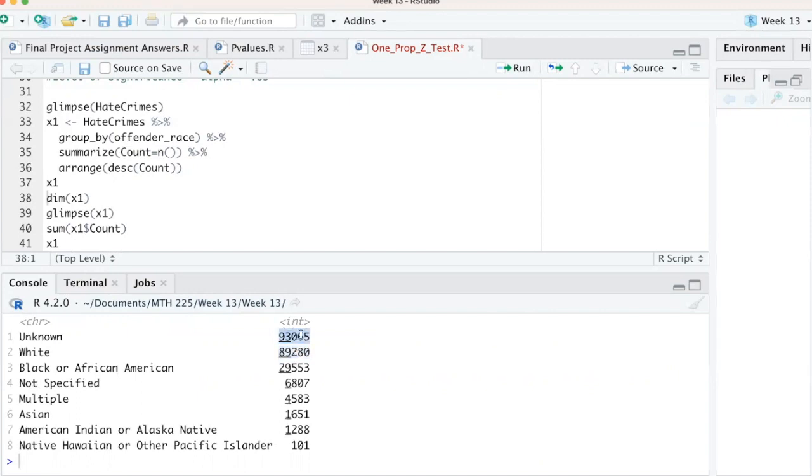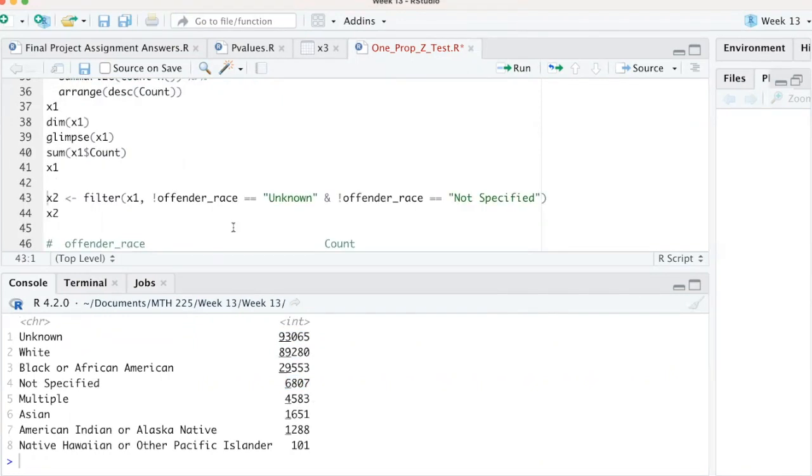And since we don't know those folks, some are white, some are non-white, we're just going to ignore them. And there are also these here, which are not specified. Maybe they know them, but for some reason they didn't specify what it was. So again, we want to get rid of the unknown and the not specified.